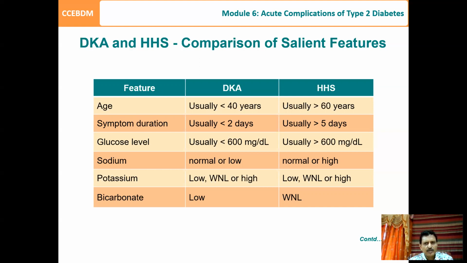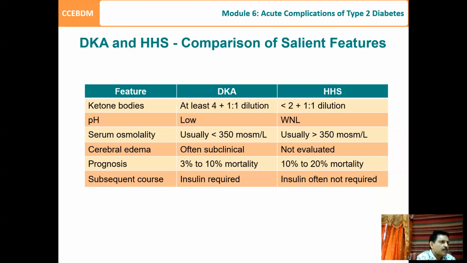Sodium level and potassium level are more or less variable. Bicarbonate level, we don't expect much change if the patient has hyperosmolar coma. Ketone bodies: in DKA there must be ketone bodies present in the urine as well as in the blood, but in HHS we do not expect ketone bodies. If present, they will be of mild degree. pH in DKA should be less than 7.3.